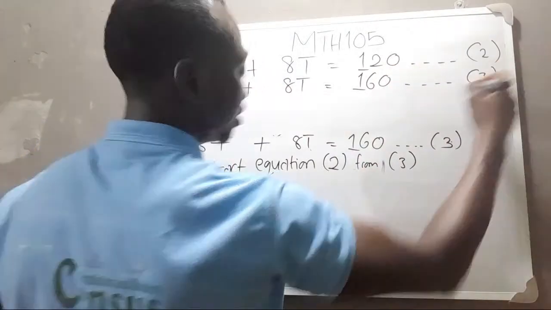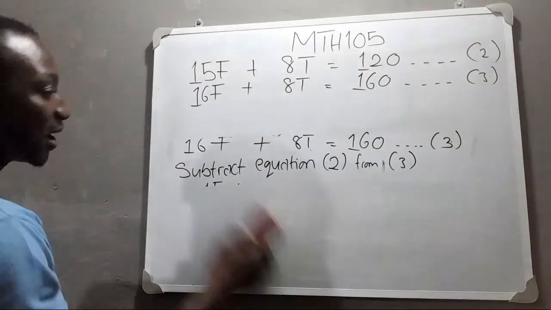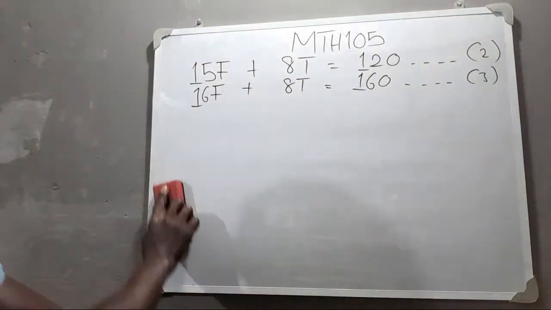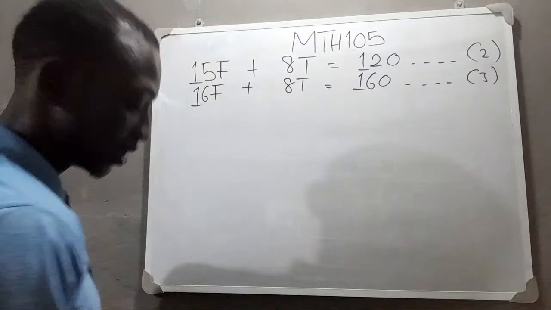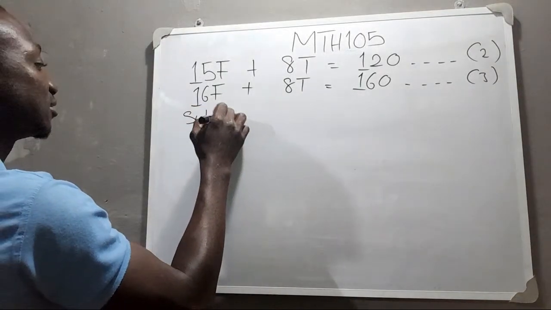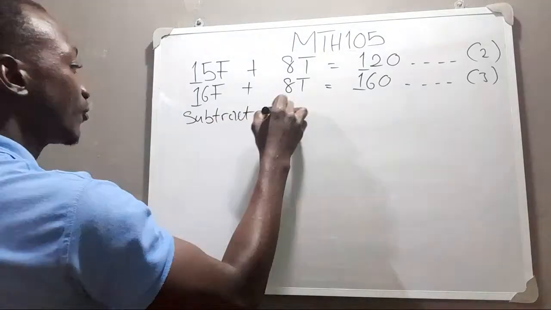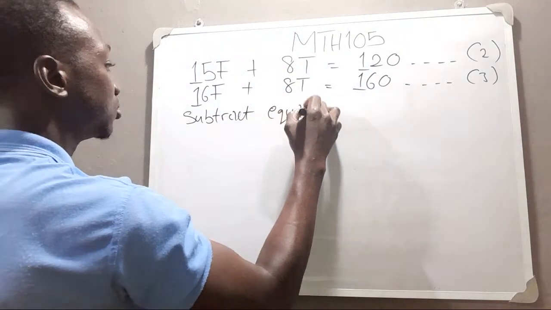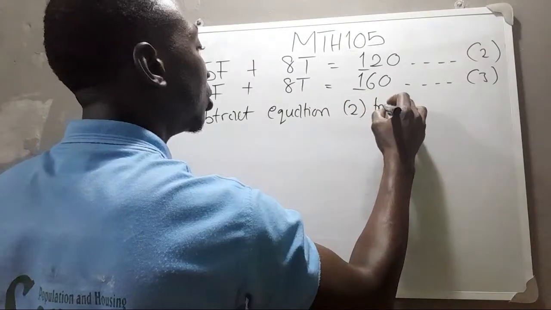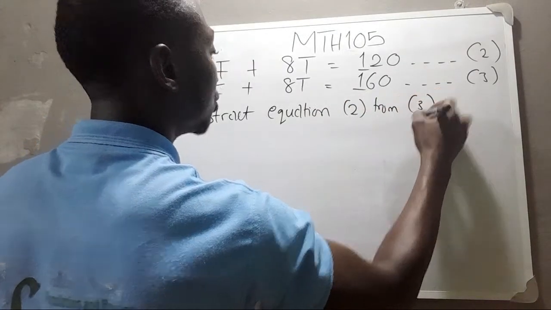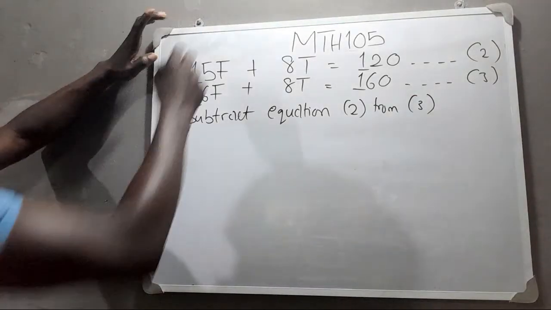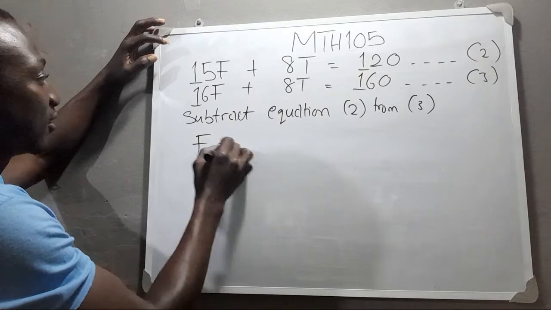That's equation 3. So what we are doing now, we are subtracting equation 2 from equation 3.